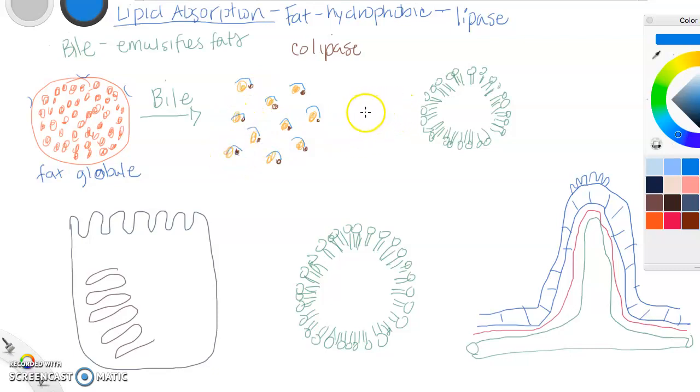So once lipase gets on these fat droplets, it breaks them down into free fatty acids and monoglycerides.